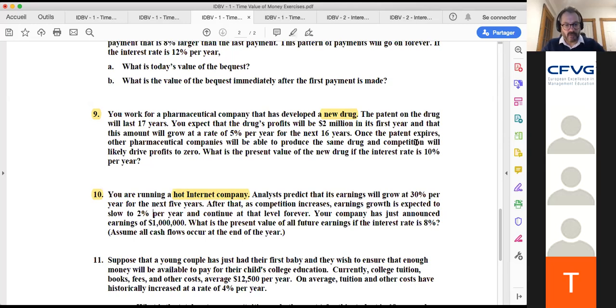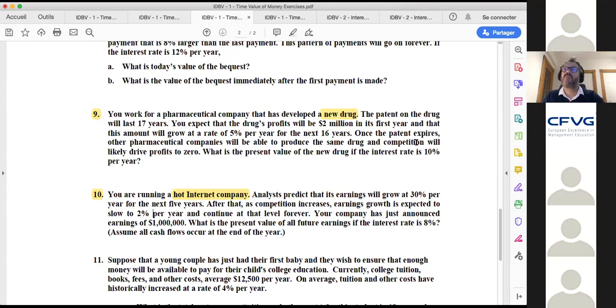So we have firstly a growing annuity during 5 years, from year 1 to 5.